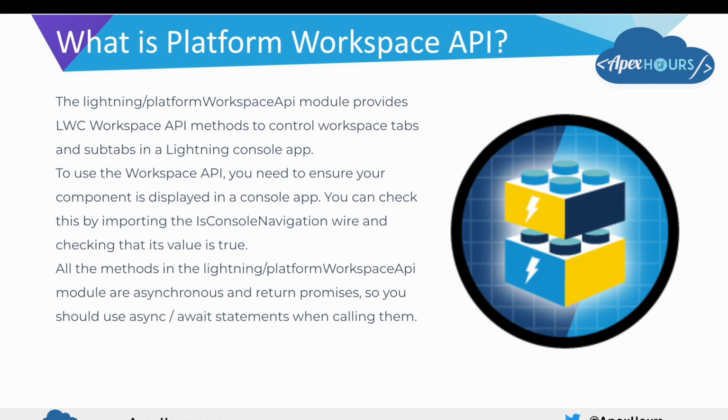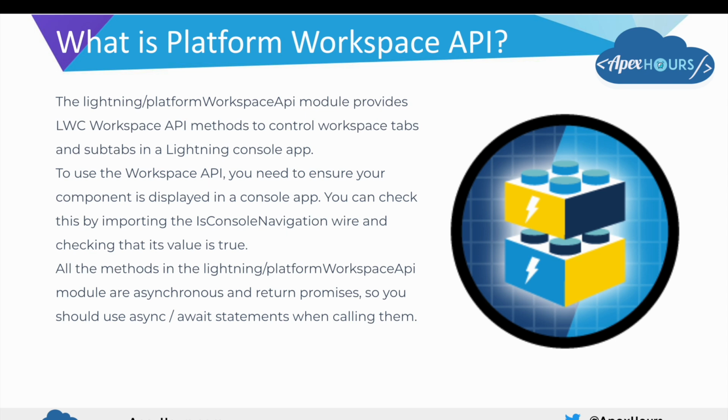Now, how will you make sure that the application where your component is being used is a console application? For that, you can simply import IsConsoleNavigation, wire it up, and check if it is returning the value true. That means the application where your Lightning Web Component is being used is a console application.